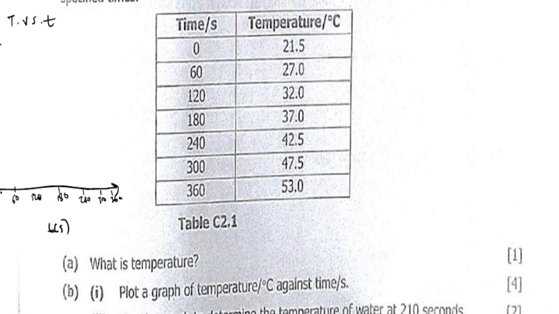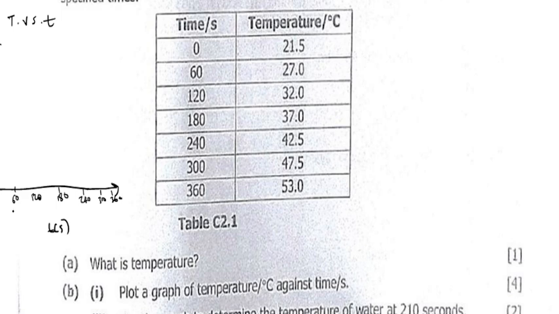Then from there you can now space out the temperature. So how best can I space out the temperature? We have 21 all the way going up to 53. So let's say we have 21, 27, 32, all the way up to 53. I can space it depending on the graph.